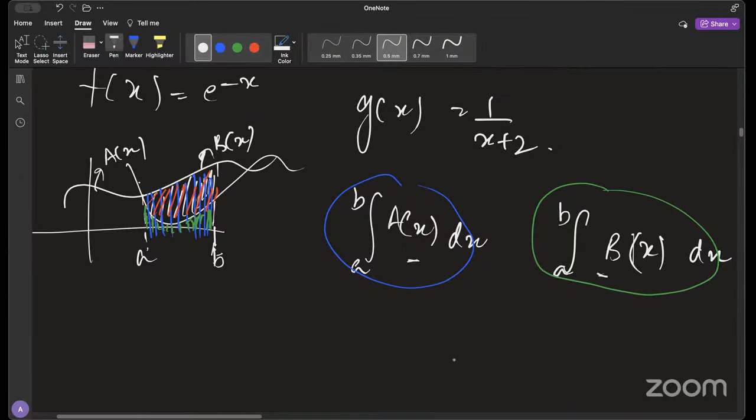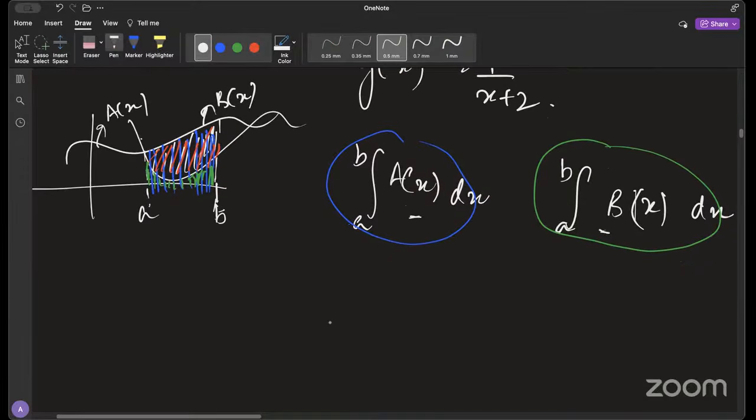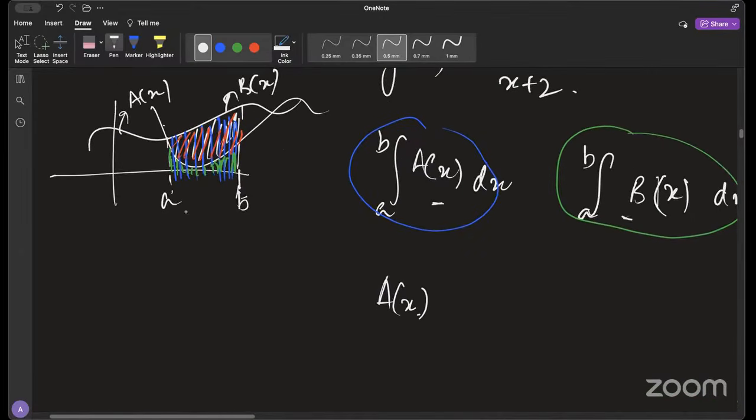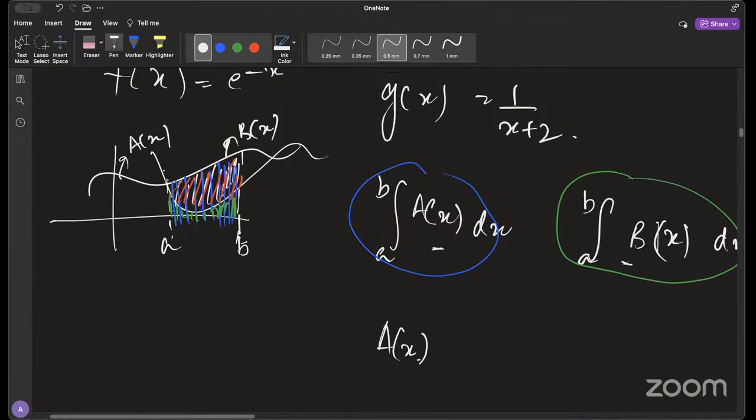But what's crucial here is you should know which curve is above and which curve is below, right? You can take the mod, that also works. To avoid trying to find out, one way is to actually figure out which curve is above and which curve is below.